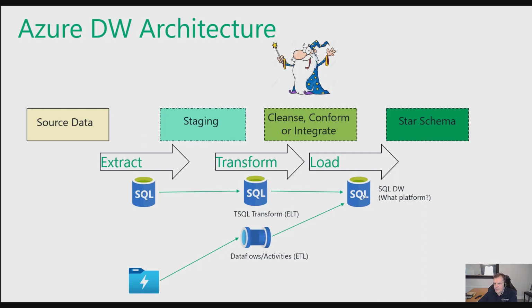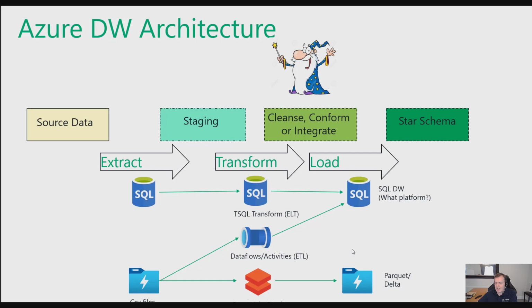I think SQL-centric is one of the more popular ways I see, or compute-centric, where you're using something like Databricks, Spark, or something else, and you're not really using a database engine at all, but you're going to be using the data lake as your staging area and as your final star schema area.